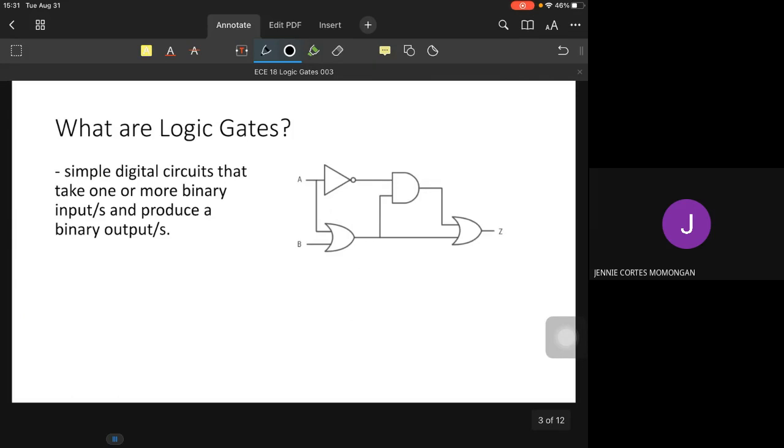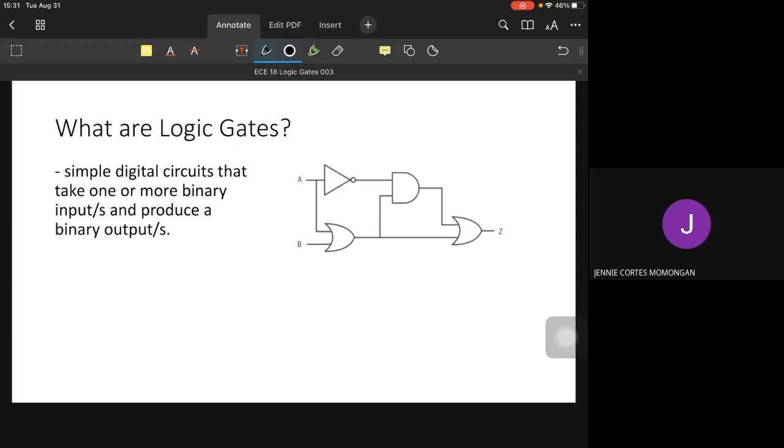So what are logic gates then? Logic gates are simple digital circuits that take one or more binary inputs and produce one or more binary outputs.